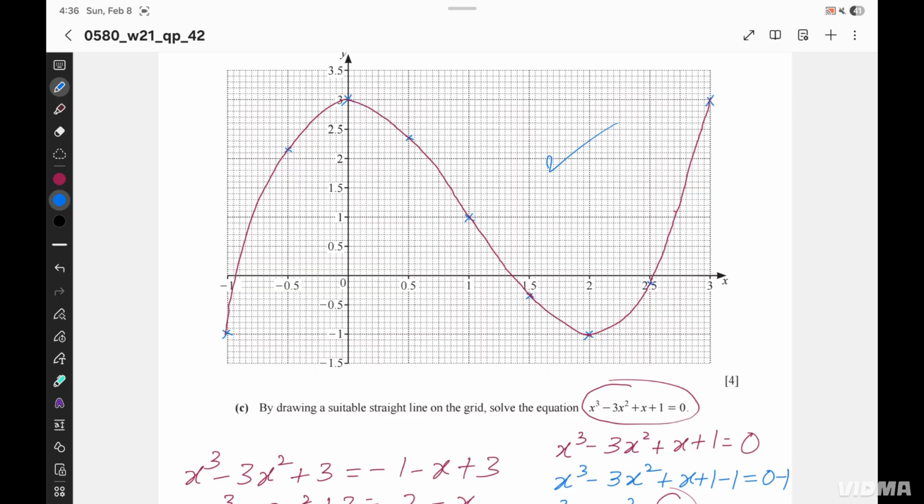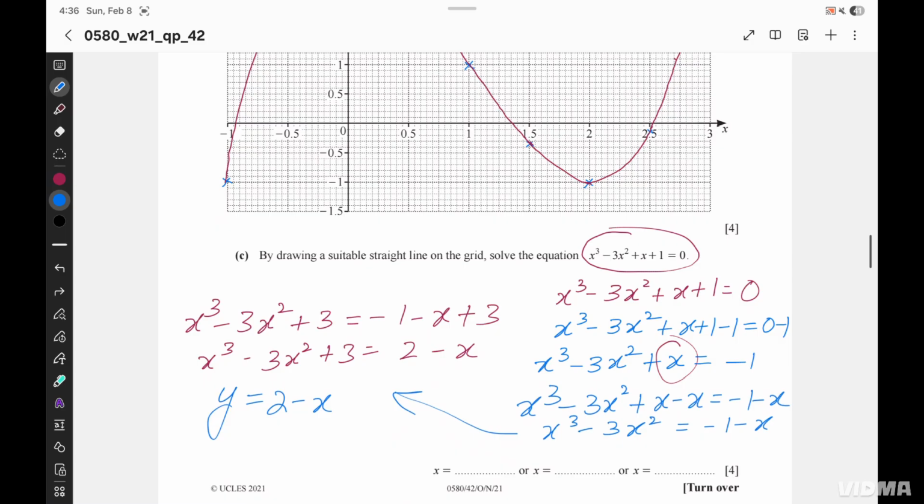So let's draw the graph of y is equal to 2 minus x. In order to draw the graph, you can also draw a table. Take the values of x of your own wish. You can take 0, 1 and 2 and find the corresponding values of y for this equation. So 2 minus 0 is 2, 2 minus 1 is 1 and 2 minus 2 is 0.